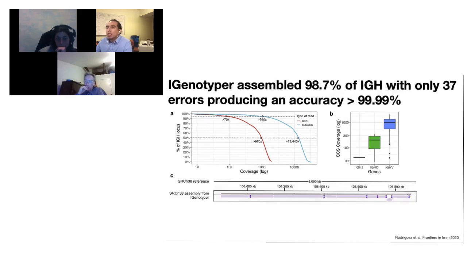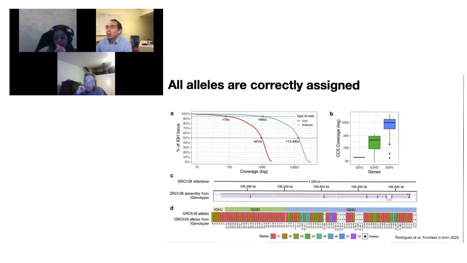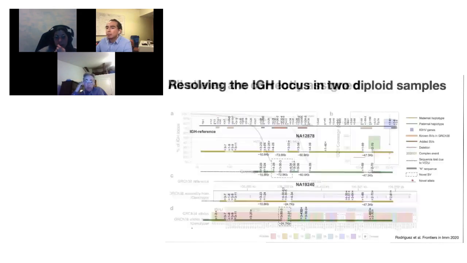With the previously generated sequencing data, the IGH locus was assembled and compared to a ground truth. We were able to recapitulate 98.7% of the IGH locus to an accuracy greater than 99.99%. And the alleles that were extracted from the assembly were all correctly annotated.